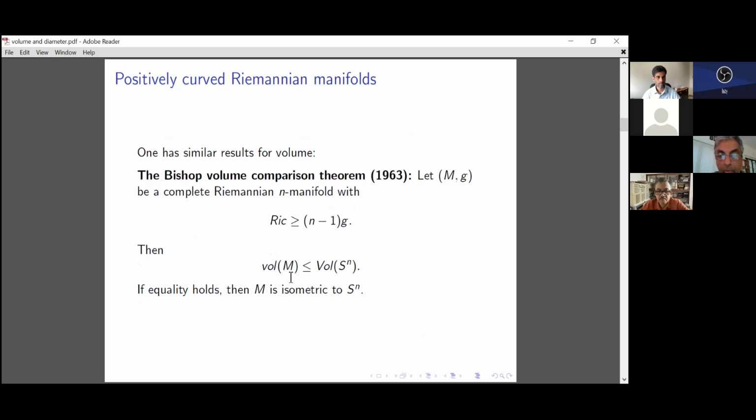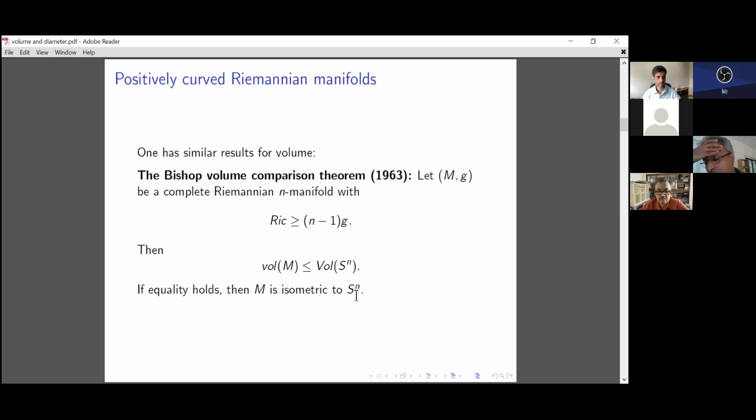But what if the volume of M is not equal, but very close to that of S^n? It will have to be less than that of the sphere, but more than the volume of the sphere minus epsilon, let's say. Then can we say that the geometry of the manifold is close to that of the sphere?